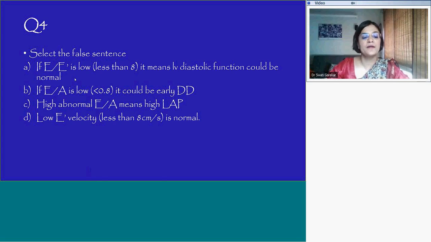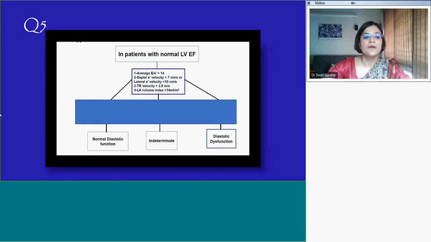Let me just skip over it. Okay, this is the flowchart we had seen in patients with normal EF, looking at these 4 parameters. So how many parameters do you want out of these to be positive to call it diastolic dysfunction?